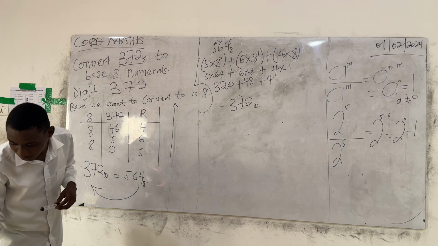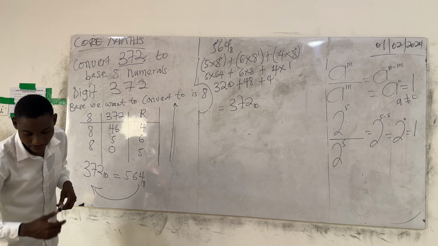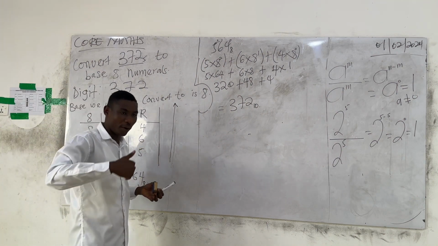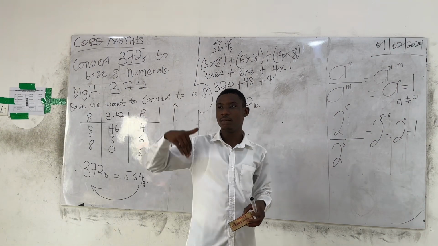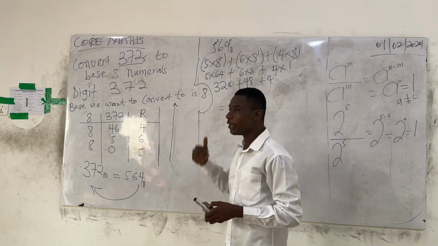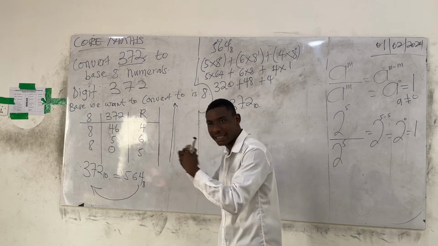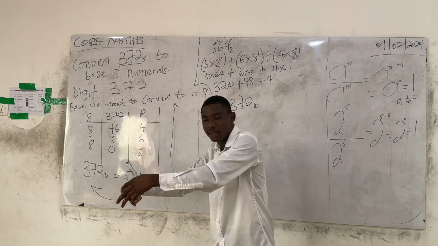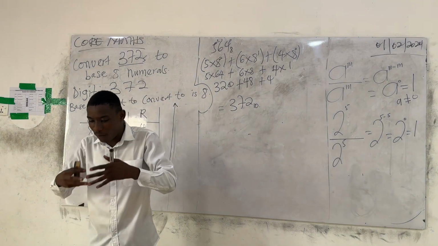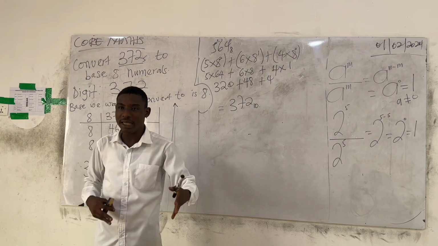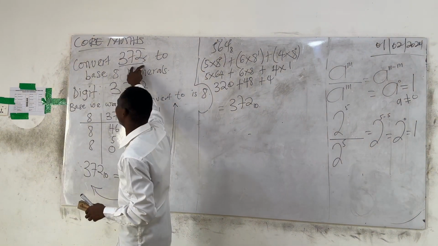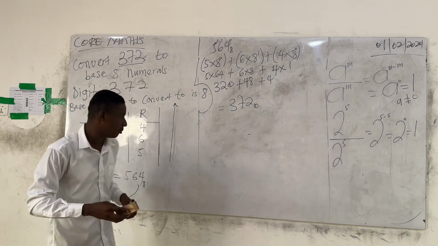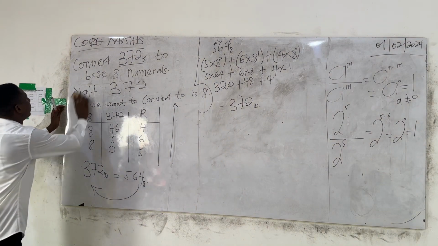So we have more time. Let's continue. Case 3. In case 1, we converted from any other base to base 10. In case 2, we are now converting from base 10 to any other base. Now we want to convert between non-decimal bases, where the digit is not in base 10.